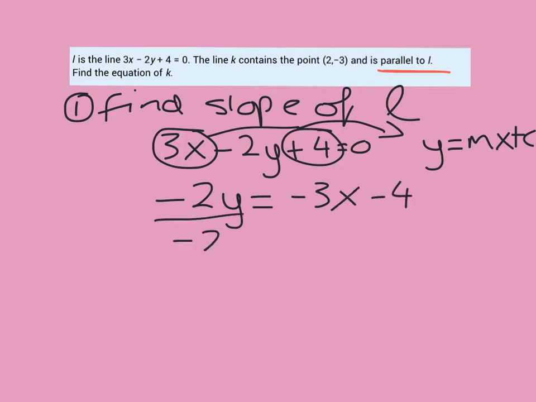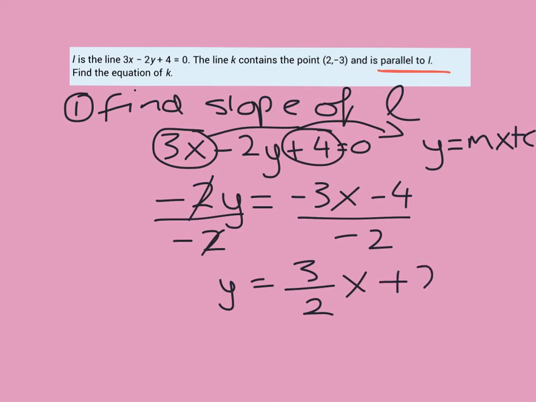Divide both sides by minus 2, and I get y equals minus 3 over minus 2, which gives me 3 over 2 because minus over minus is positive, x, and then minus 4 over minus 2 gives me plus 2. So now we can see that I have my slope here.